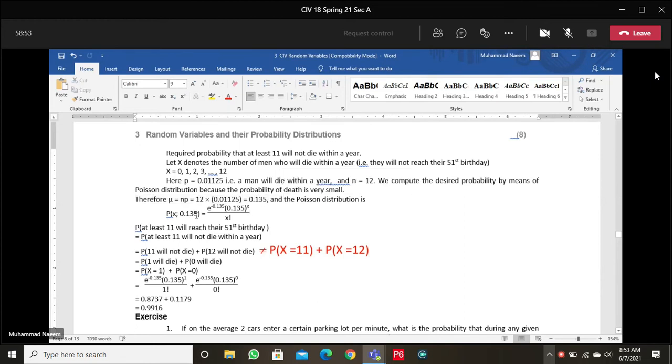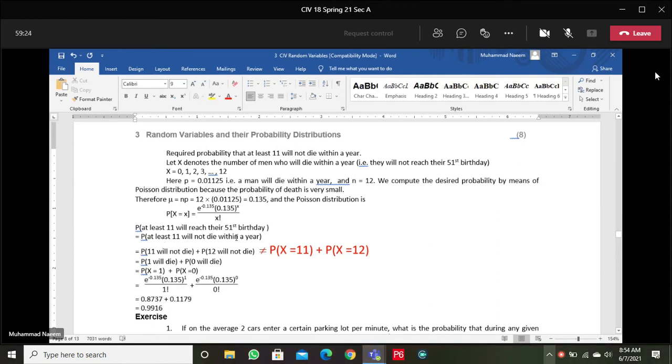This is not necessary that you must have this notation, and use also this standard notation. This is our formula.